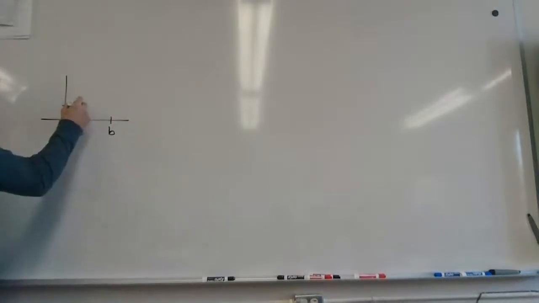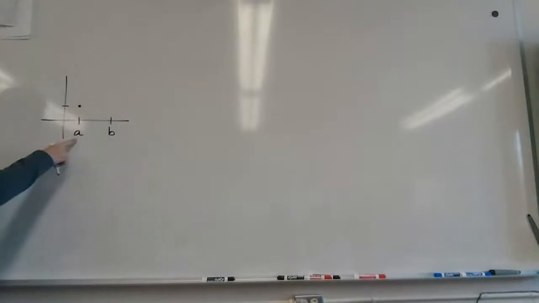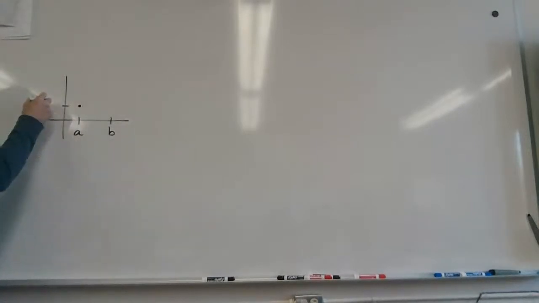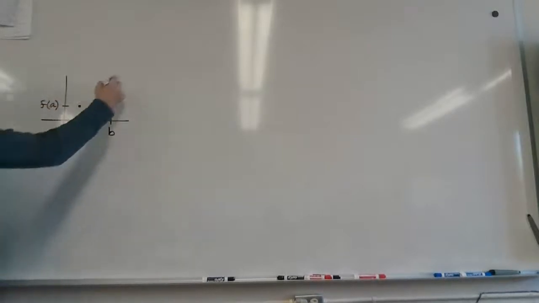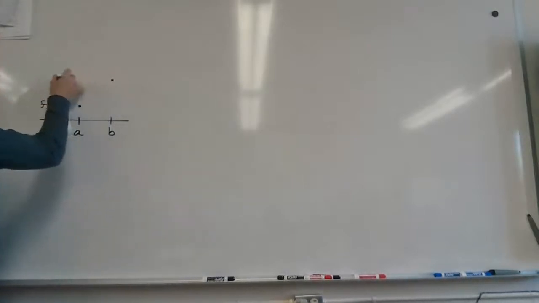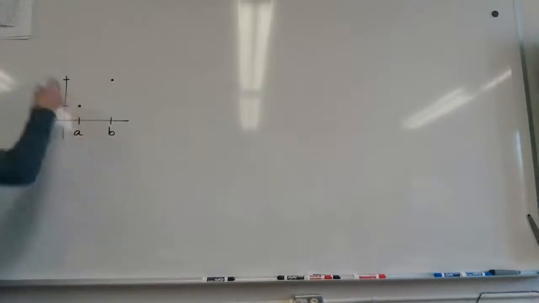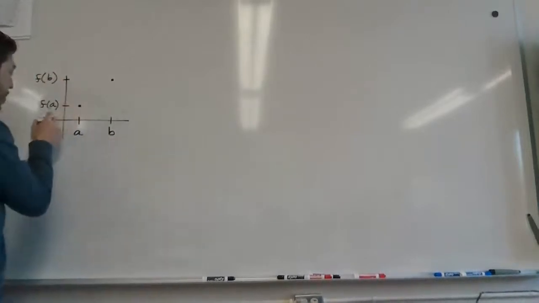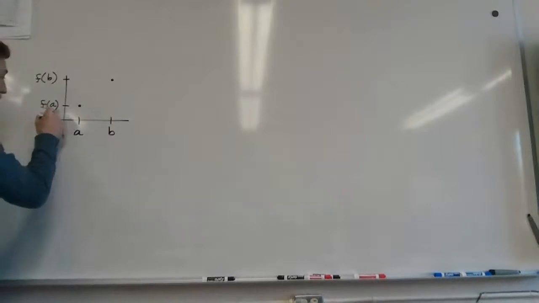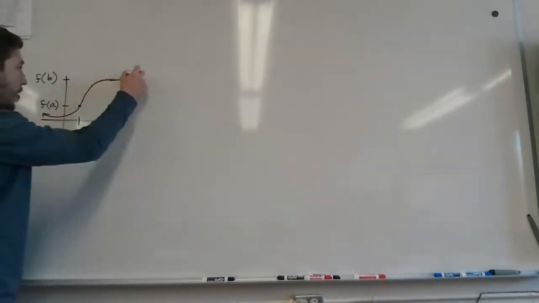What do we call the y value at position a? f of a. How about the y position when x is b? f of b. Okay, so I'm going to draw a picture that goes along with what I'm talking about.